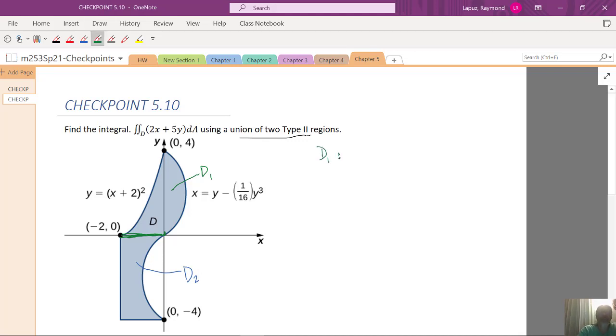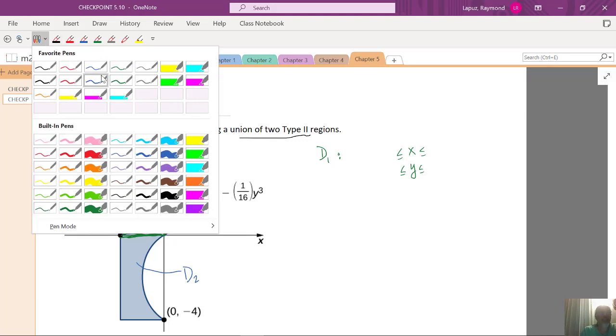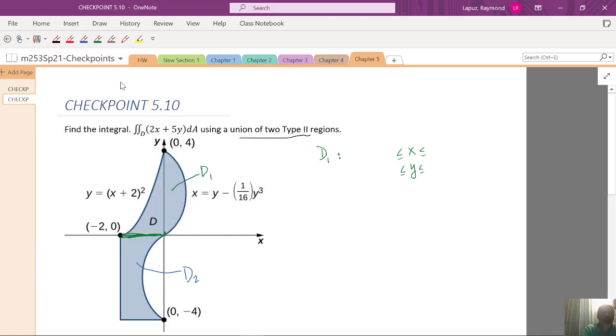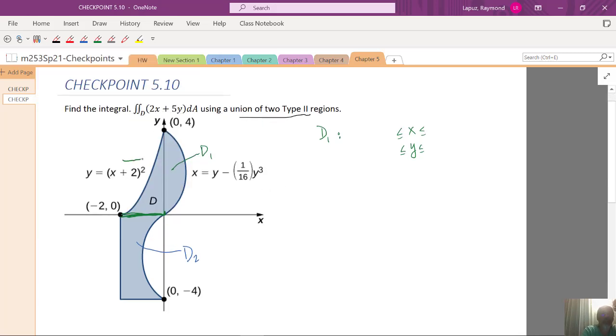So the D1 region is going to be type 2, so we want to lay out our inequalities for x and y, and it looks like I might need a little bit more room here, especially for the x limits. And remember, the trick is to draw a line parallel to the x-axis, or to the axis that you're integrating with respect to first.